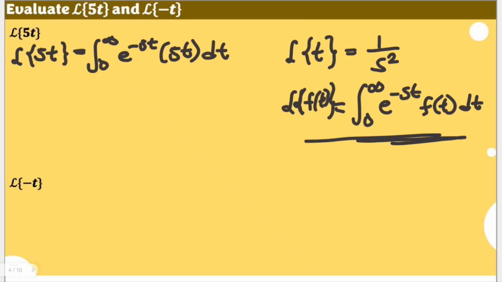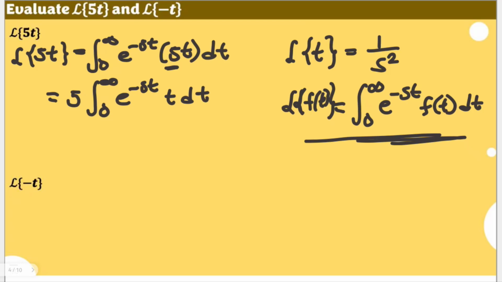Take note that this is a constant, so we can always move that out. You will have 5 times the integral from 0 to infinity of e to the negative st, then t dt.